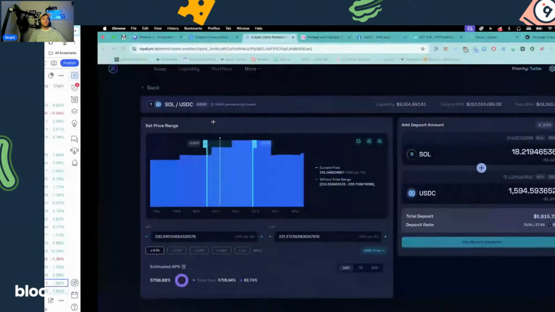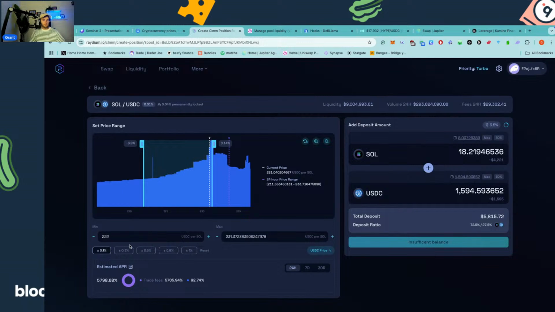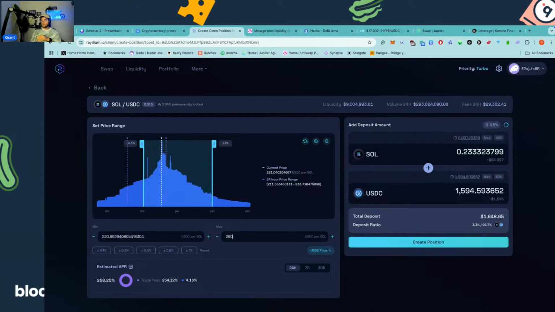So I'm going to go and set that now. 222. Let me just knock that down to 221. And then I wanted to put 260, just $1 above 259, which was the previous all-time high.